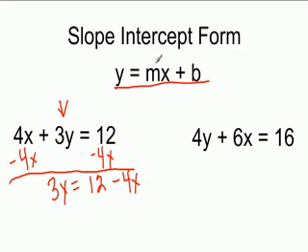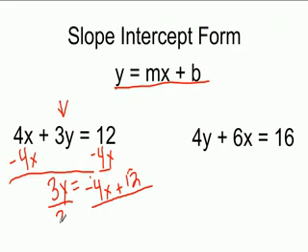Well, here it has to be mx plus b. So what I want to do is put my x first. So I'm going to put negative 4x plus 12. We need to get rid of that 3, so we're going to divide by 3 on everything. So y equals negative 4 over 3 x plus 4.